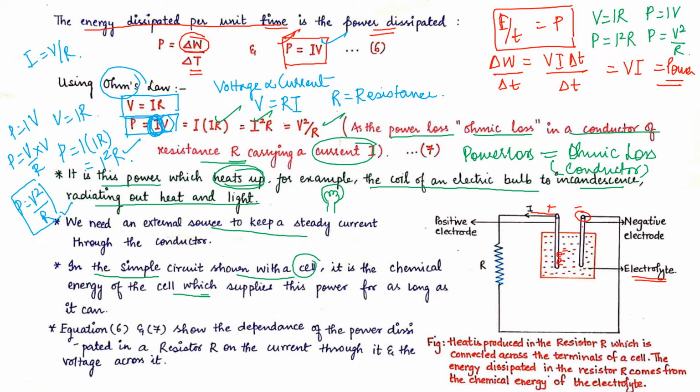All these electrons from this negative are getting repelled. And these electrons are being attracted by this positive electrode, and they are moving from this positive electrode like this to the negative electrode like this, and hence the circuit is completed. The electrolyte is completing this circuit because it has ions which show the motion.